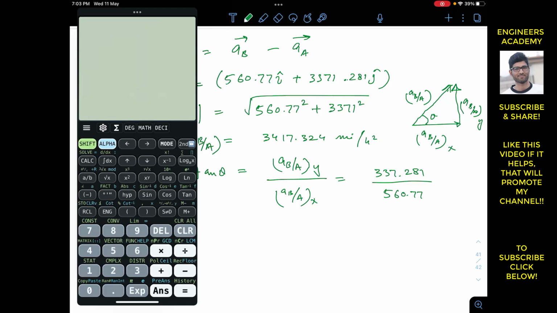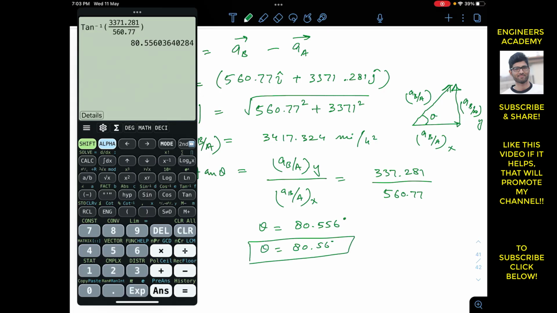So this is tan inverse of 3371.281 divided by 560.77. This gives us theta equals 80.556 degrees, or we can say 80.56 degrees with the horizontal.